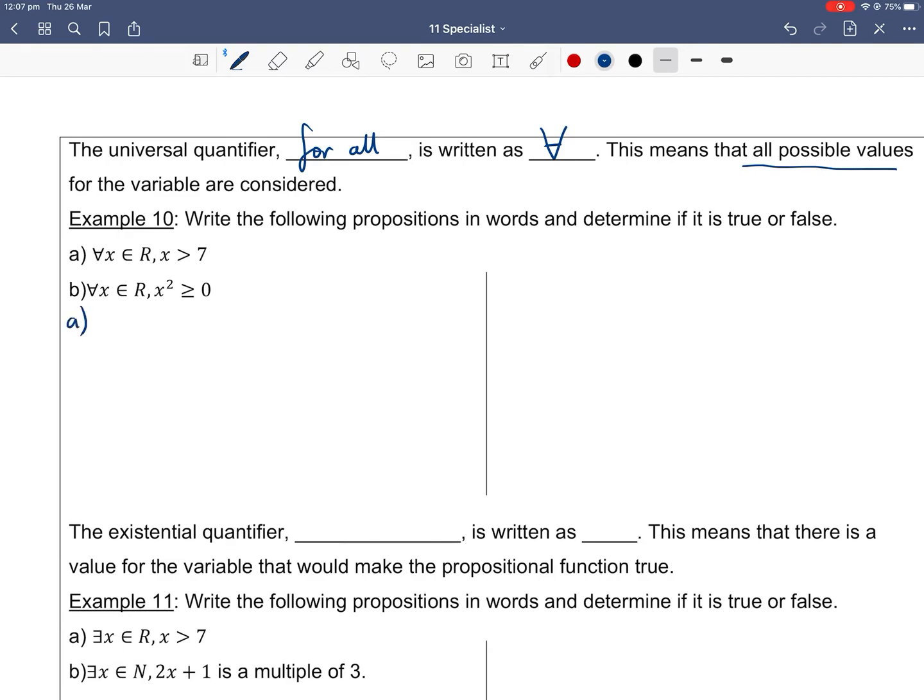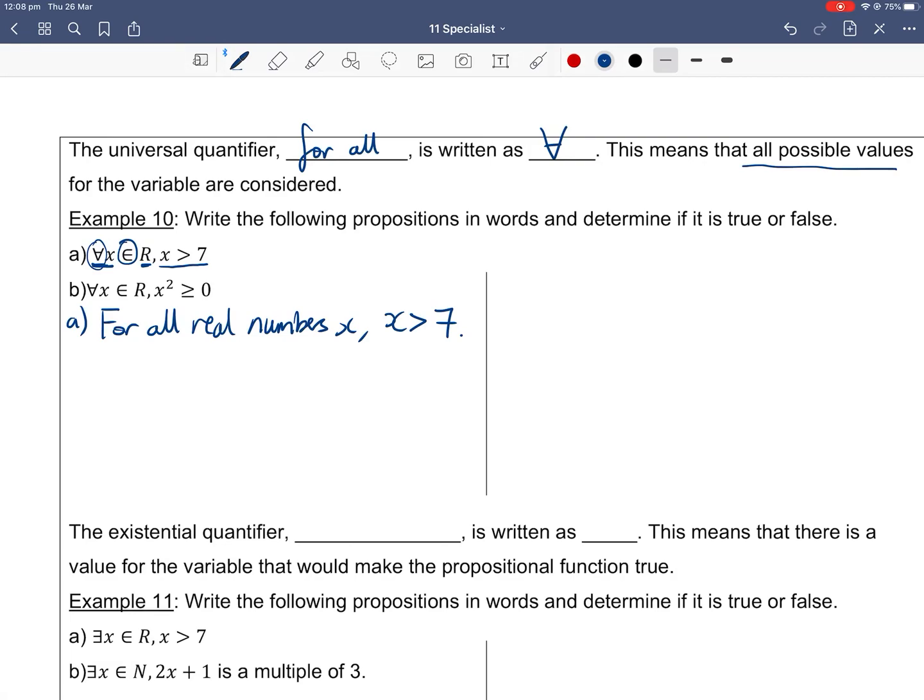So for part A, for all x, so upside down A means for all x in the reals, x is bigger than 7. So writing this in words, for all real numbers x, we have the condition that x is bigger than 7.